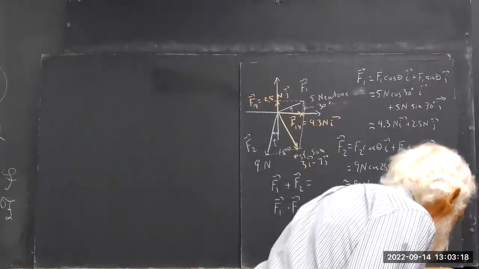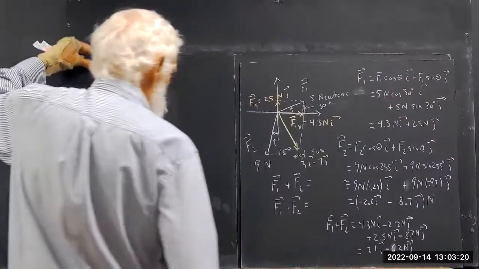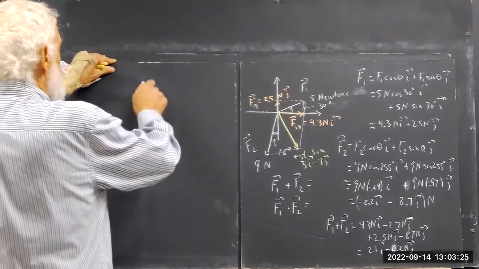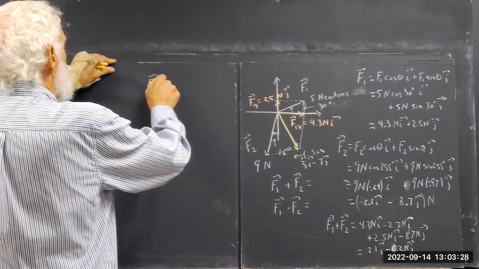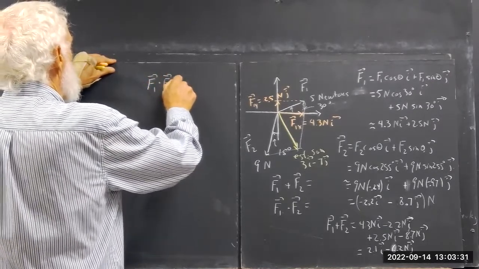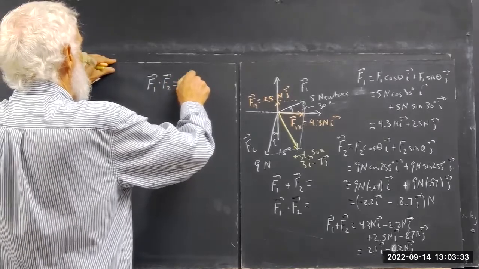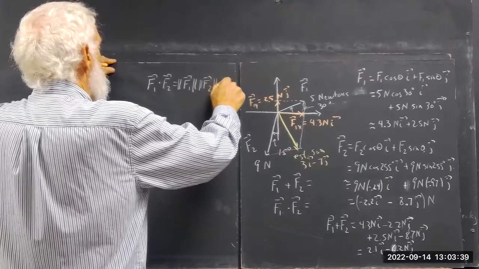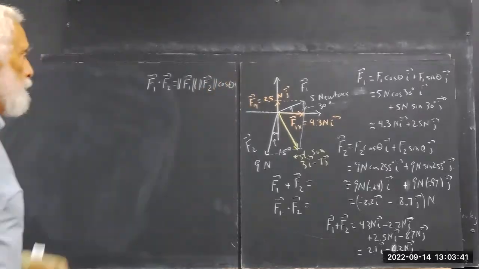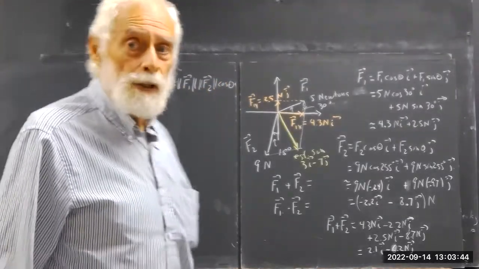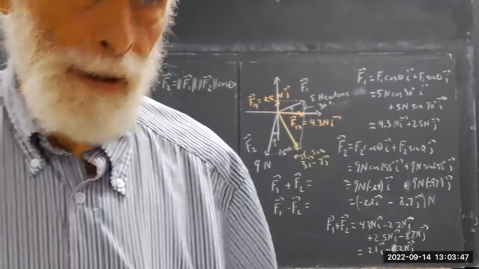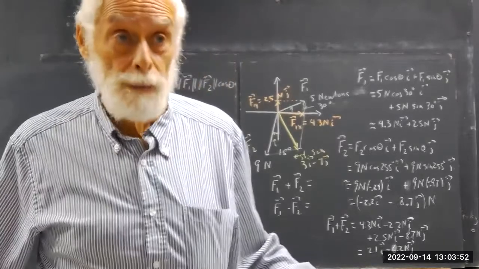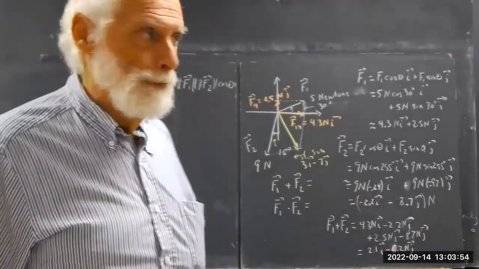So the dot product, as you know, can be calculated in 2 ways. Magnitude of F1, magnitude of F2 times the cosine of theta. That's one way. Now we've got the components, so we can also calculate it with the components and see if they come out the same.